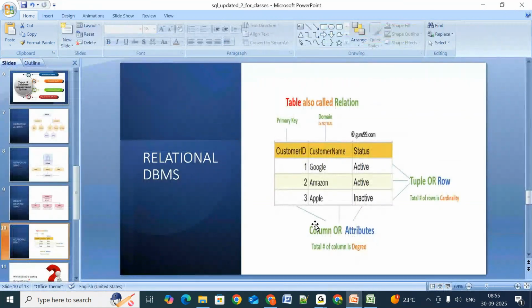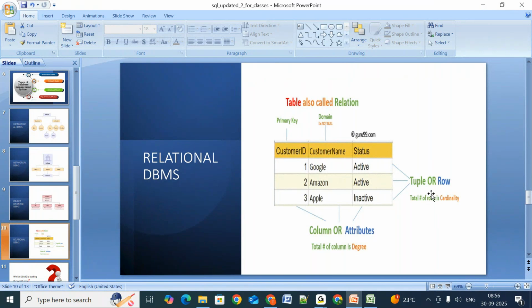See, columns or attributes, tuple or row. We are not using the word tuple in the industry; we are just using records. I will call it a record, but my manager will call it a row. I call it a record every time, and he calls it a row every time. But we never get confused, because I know a row is also a record, and he knows a record is also a row.